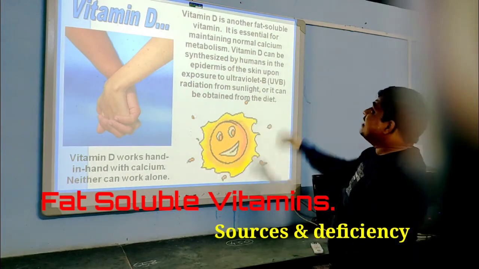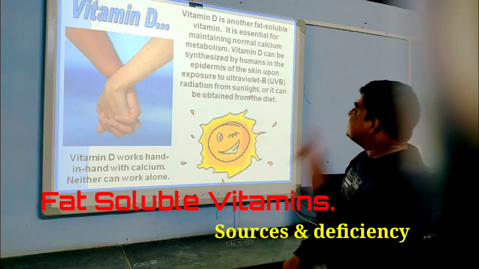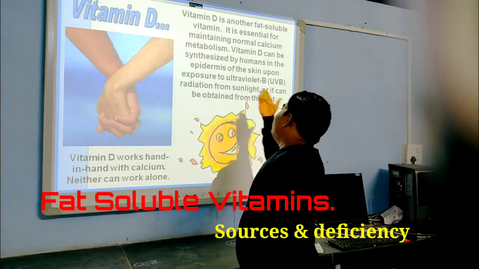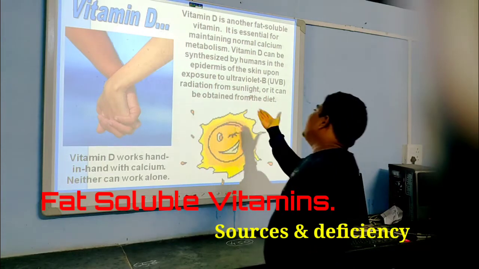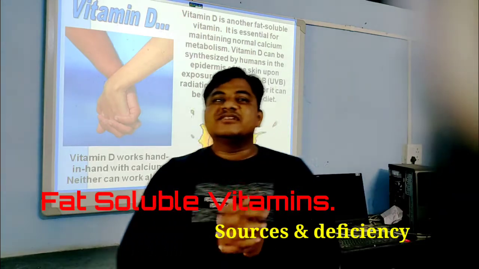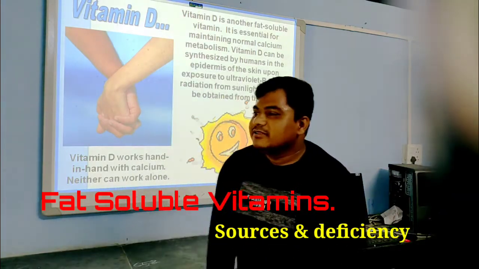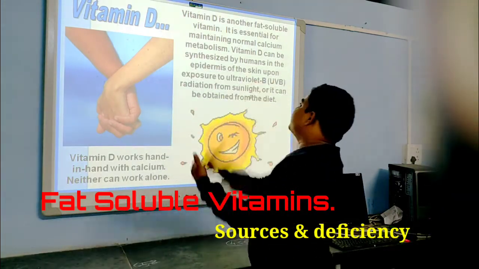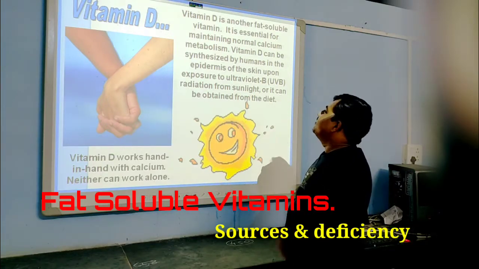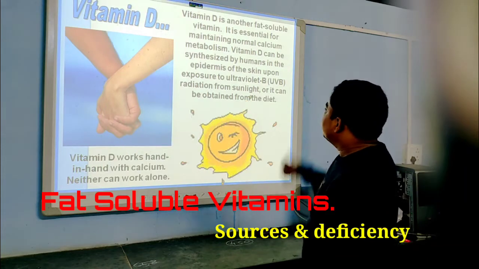Vitamin D can be synthesized by humans in the epidermis of the skin upon exposure to ultraviolet B radiation from sunlight, or it can be obtained from the diet. So the ultimate source of energy is the sun, and vitamin D is synthesized by our skin with the help of this ultraviolet B radiation.